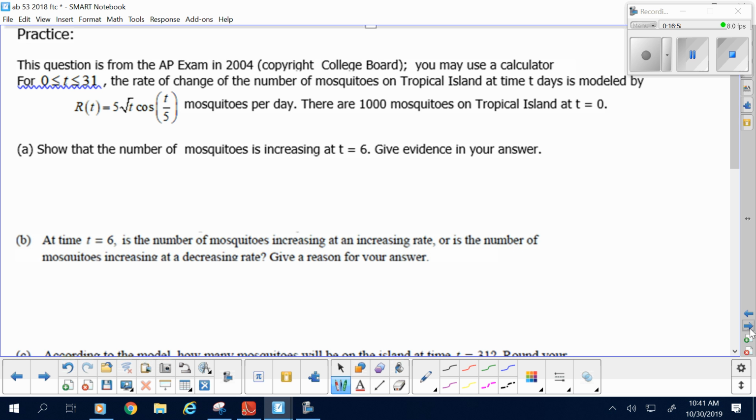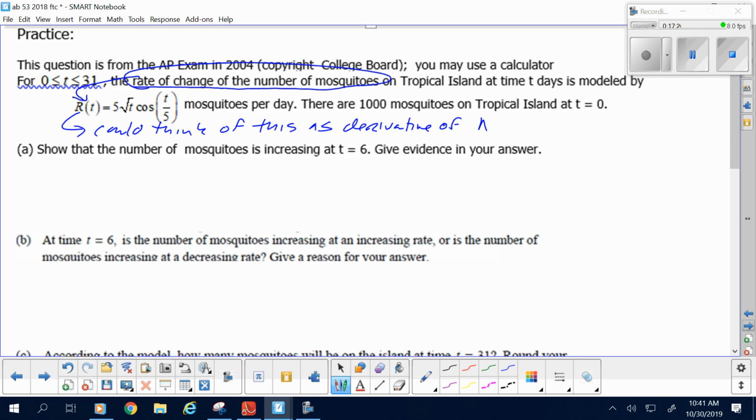And there's the function. Now, notice that they don't call it a derivative. They just say this function is R. Okay? But really, because it's a rate of change in the number of mosquitoes, you could also think of it as the derivative of number of mosquitoes.